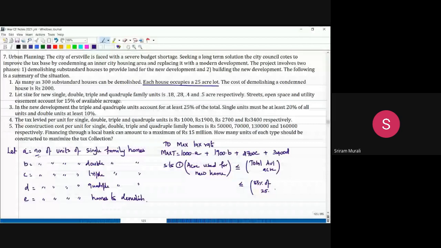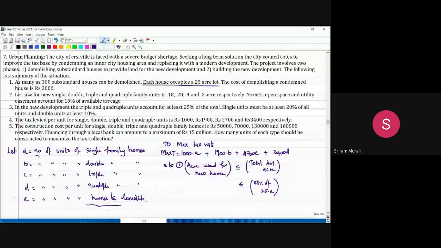That is your E. I don't know how many houses I am going to demolish. So that is my decision variable E. Have you understood? This is your total available acre, 85% of 25 acre, where we have already got these substandard houses. That is a decision variable. So that has to be demolished.